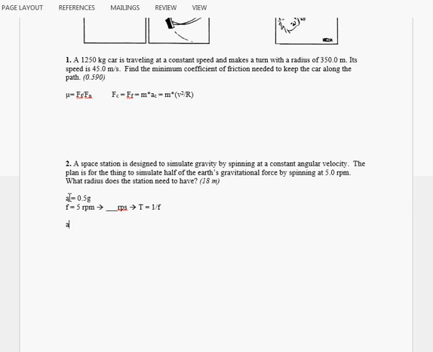One, the equation for centripetal acceleration, which is equal to v squared divided by r, and the equation for velocity in a circle, which is 2 pi r divided by the period.